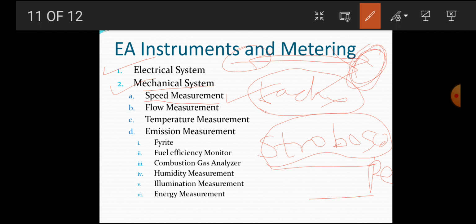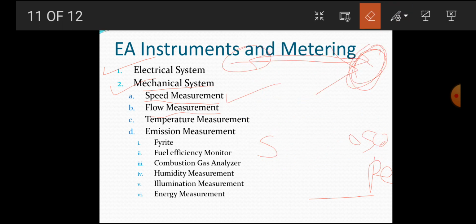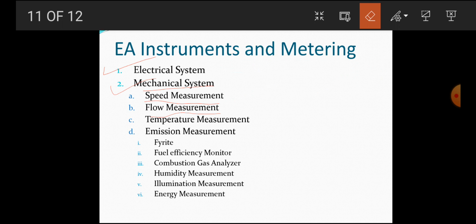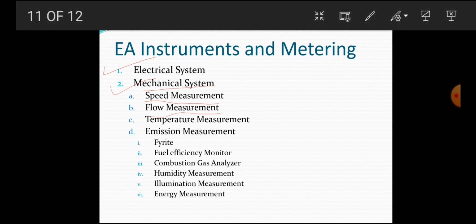Then next is flow measurement. A stroboscope is a non-contact type measuring device which can also be used. Then the ultrasonic flow meter is a non-contact type flow measurement device.